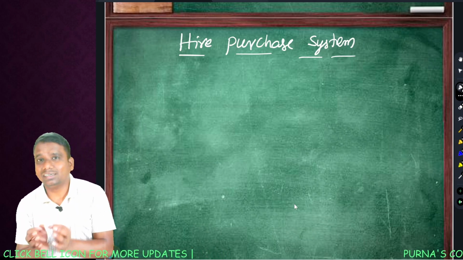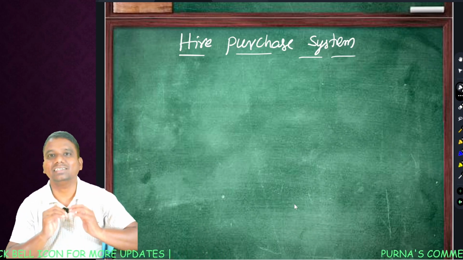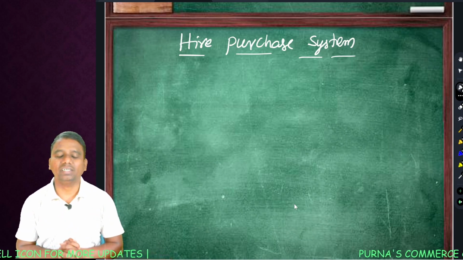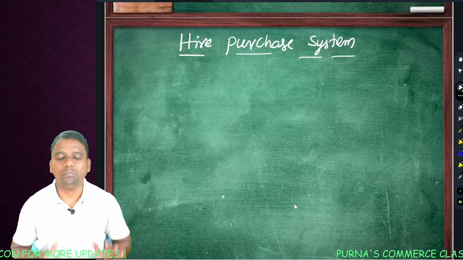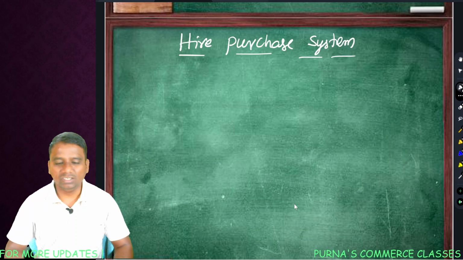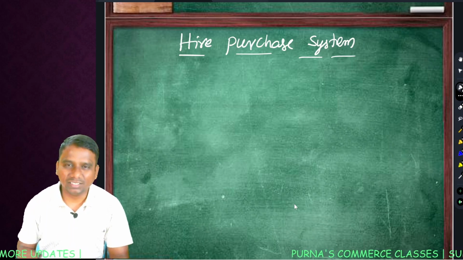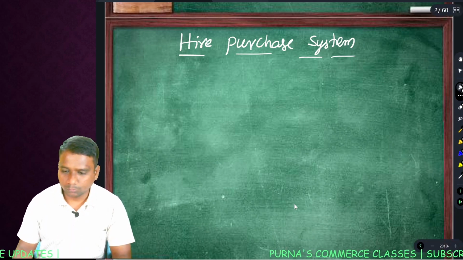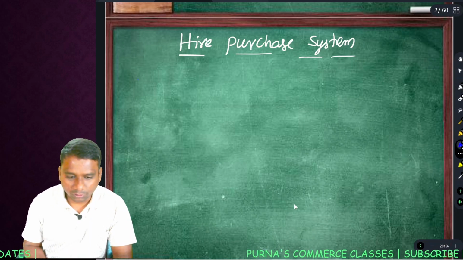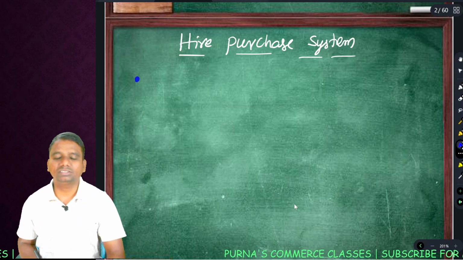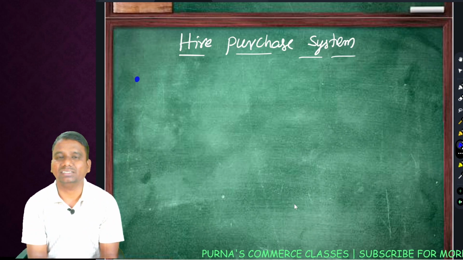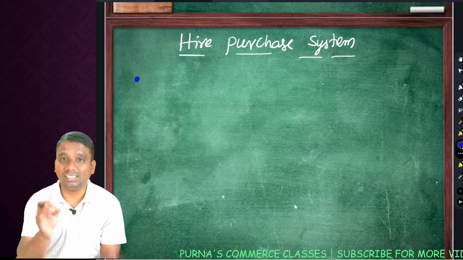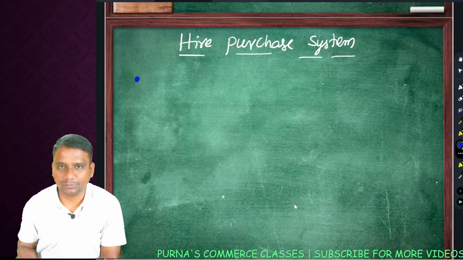So if the seller has this right, then he can sell as many products as he wants to the buyer. Now we discuss this hire purchase system. It is also a type of transaction. Do remember, it is also a type of transaction, right?